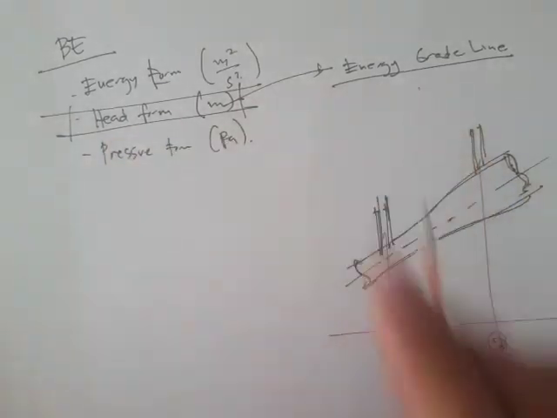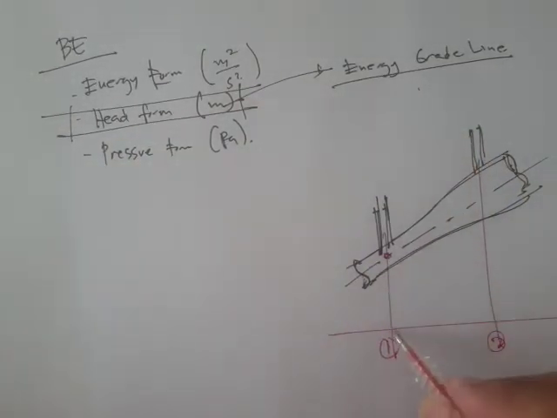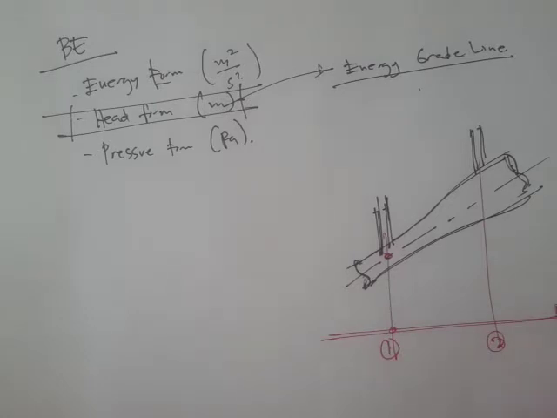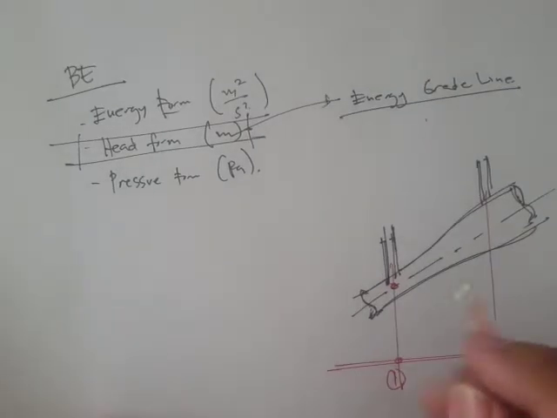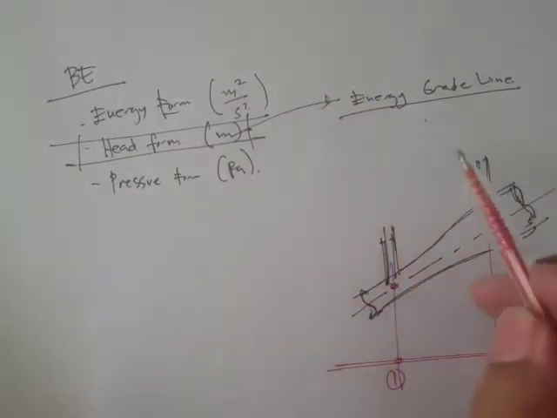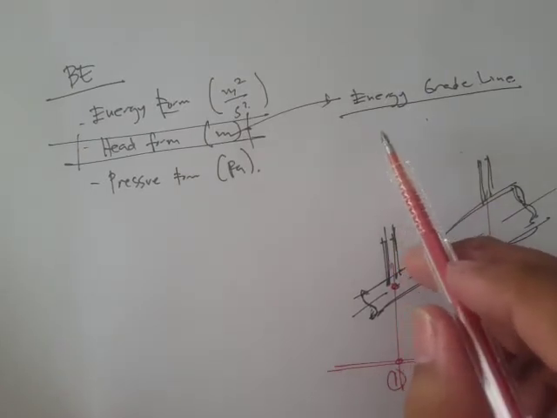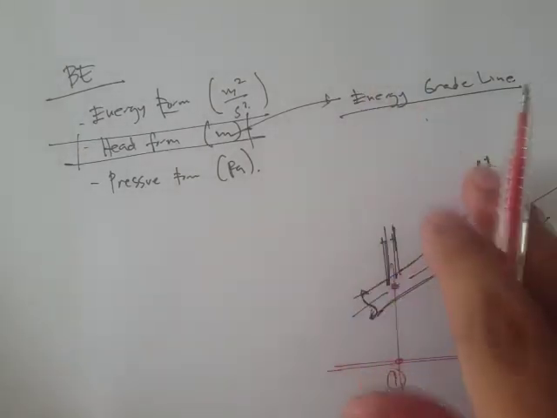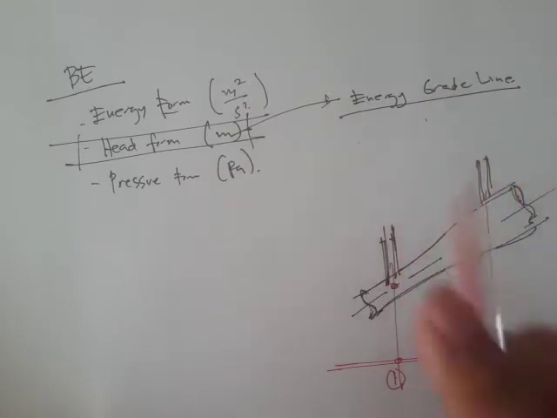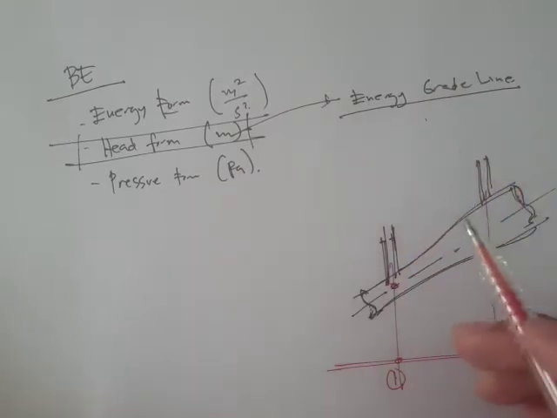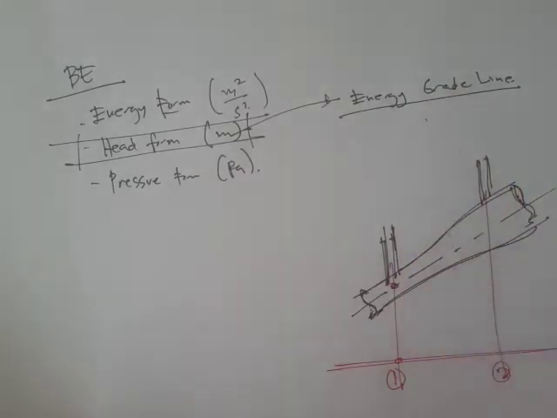In terms of head form, the energy grade line is actually the line connecting the total head of point 1 to the total head of point 2, without considering the losses yet.